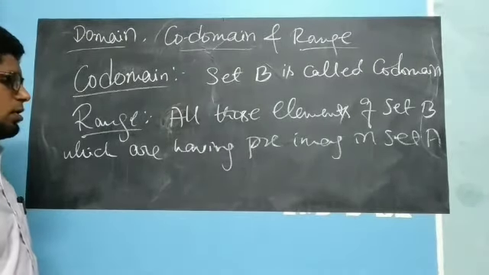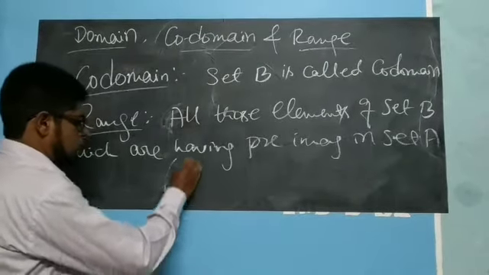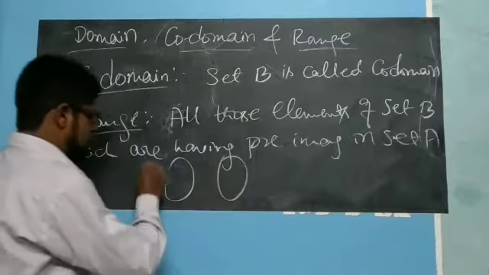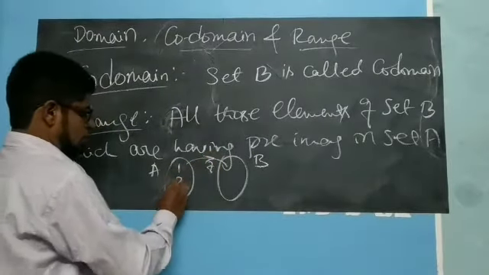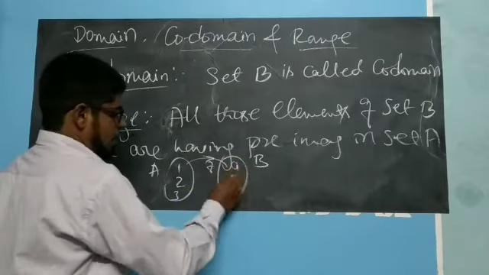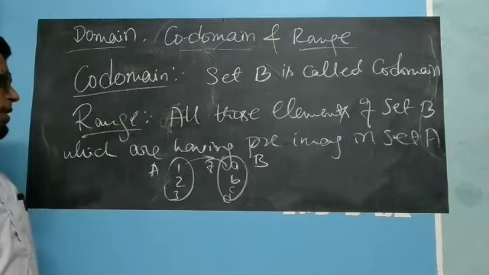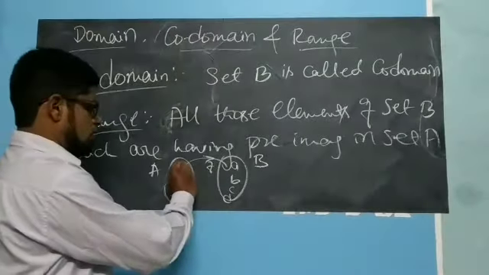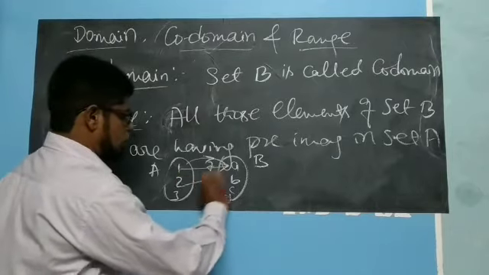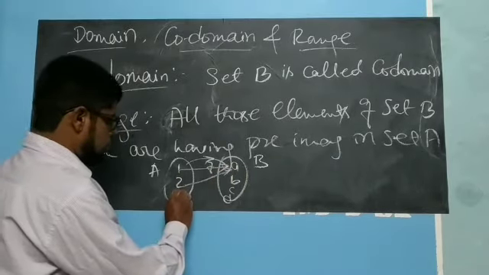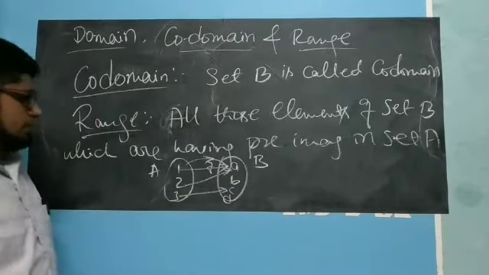So diagrammatically, let us see, if this is A and this is B, and this is a function, with 1, 2, 3 and A, B, C, D. I'll take 4 elements here. Suppose 1 is related to A, 2 is also related to A, 3 is related to C here.